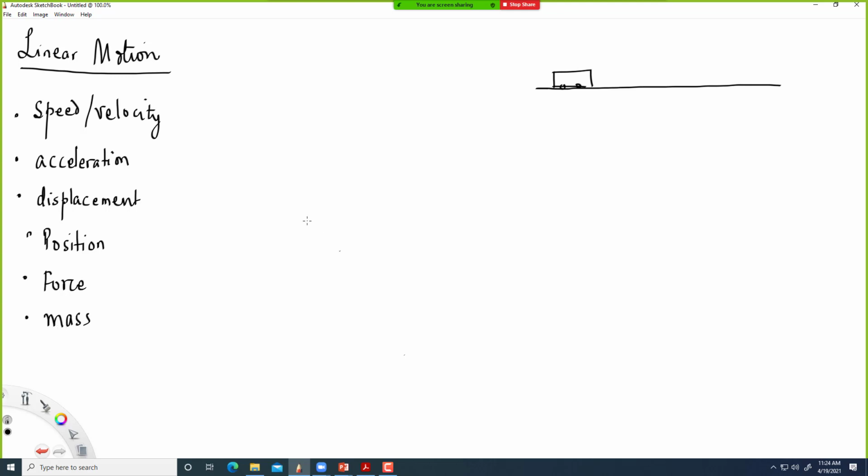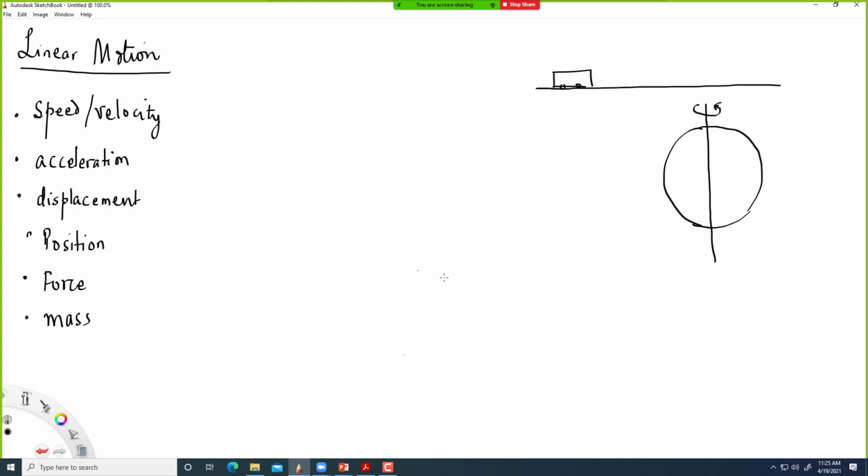Now we can use similar kinds of quantities in the case of rotational motion. Let's say you have a sphere or a ball or something, a round object, and it's revolving around its axis. So this is the axis, some imaginary axis, and you are rotating this object on its own axis. So it's also the same kind of motion as linear motion, but here we use slightly different physical quantities.